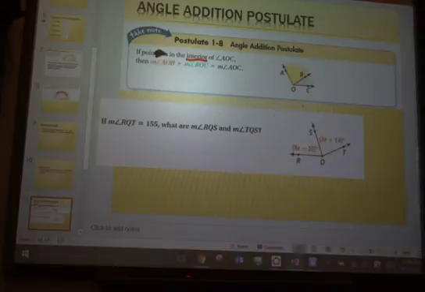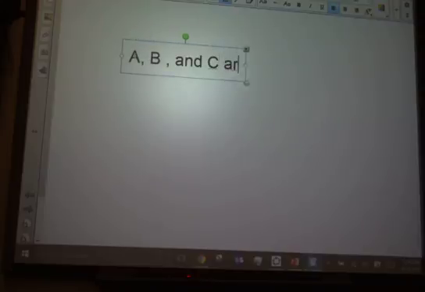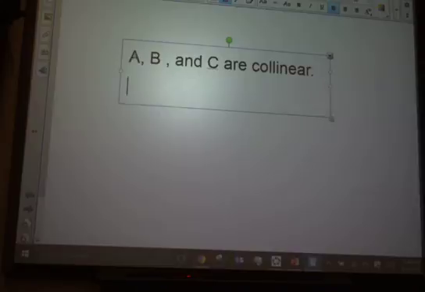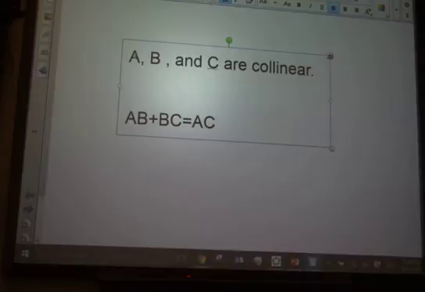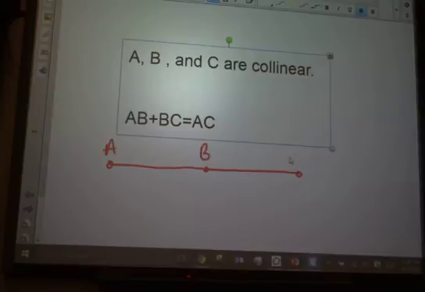And we talked about that with segments. When I gave you, let's say, A, B, and C, and A, B, and C are collinear, then we said something to the effect that AB plus BC equaled AC. But that does not work if I don't have any criteria on where A, B, and C relate to one another. If A, B, and C are in this order, then yes, that makes sense. A to B, add to it B to C, should give me the total, right?